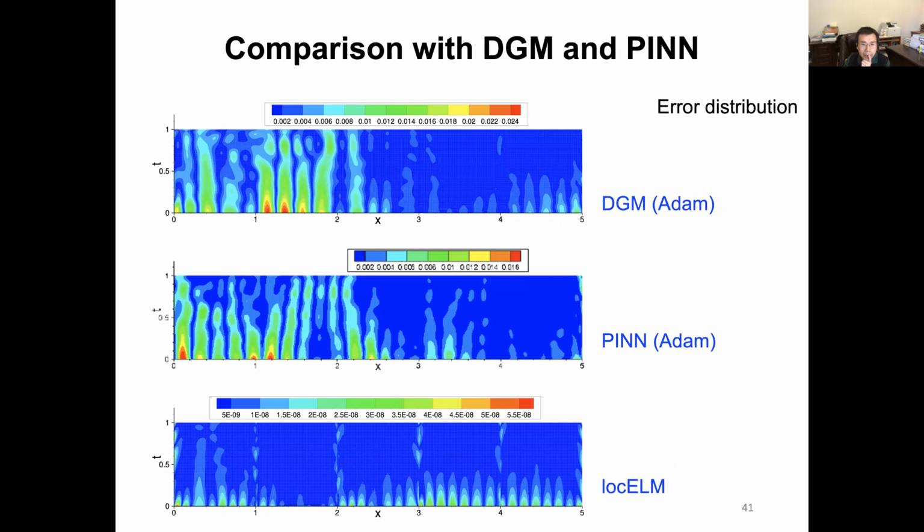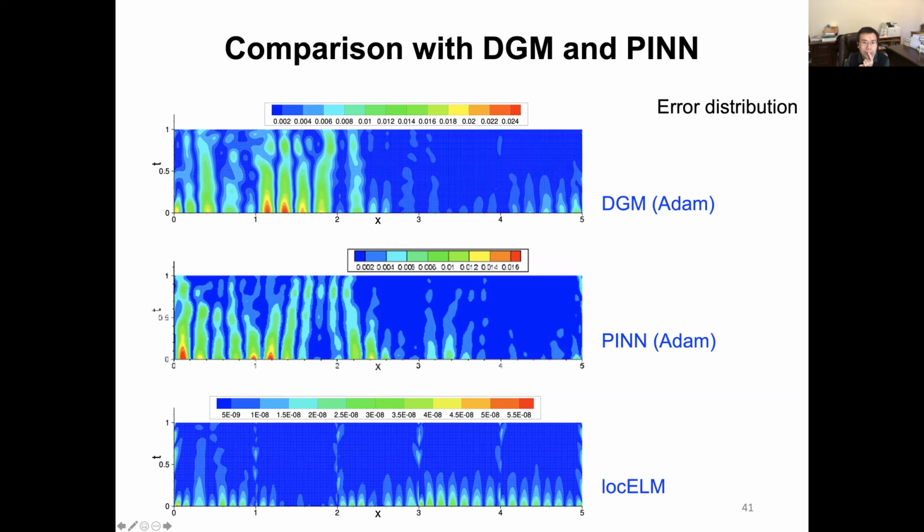I don't think that will make much difference. If I use a single domain here, the error is again comparable to this level, so that's not the reason here. It's in terms of computational time, actually, not in terms of error.